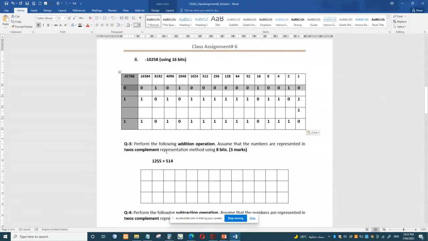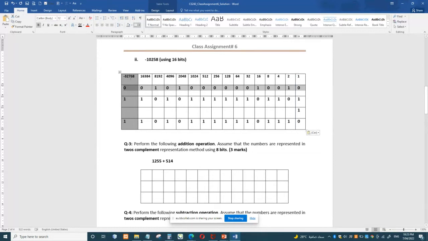Now, both ways are correct, right? You can do it in any one of the ways. No problem. But you must show me how you got the result. So if you work with minus 32,768, then the addition that you have done, you should show me the addition.